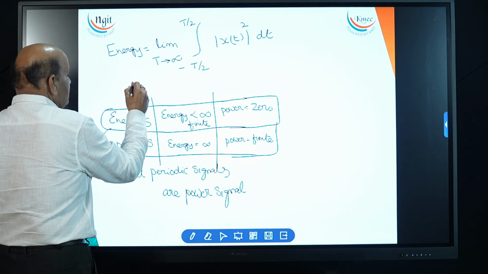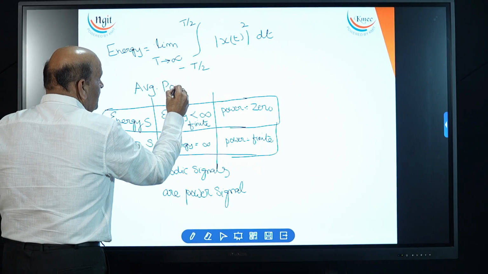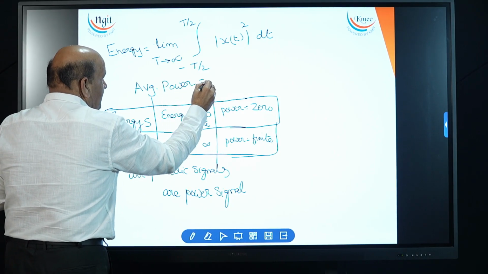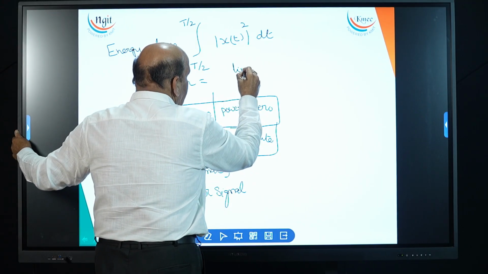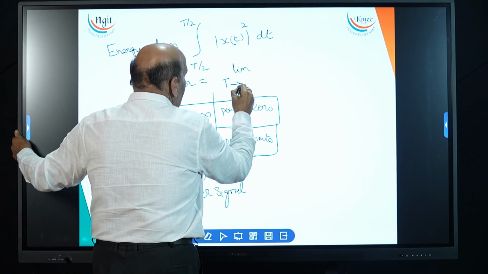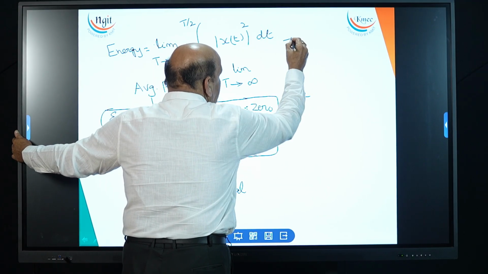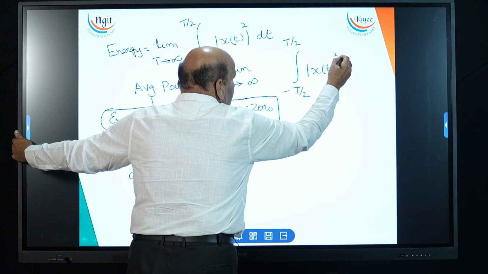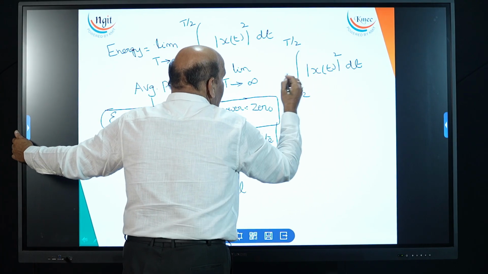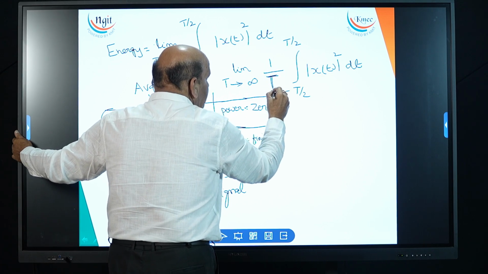From this, you can calculate average power. Average power means: write the energy formula as it is, limit T to infinity, between minus T by 2 to T by 2, square the given signal, integrate with respect to dt and divide by its width, the time period.